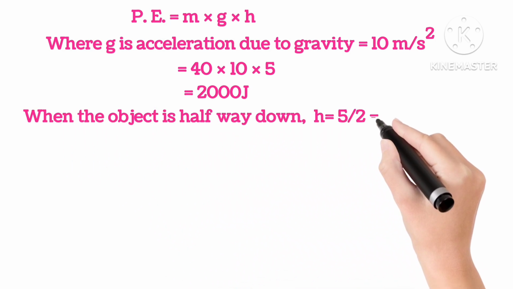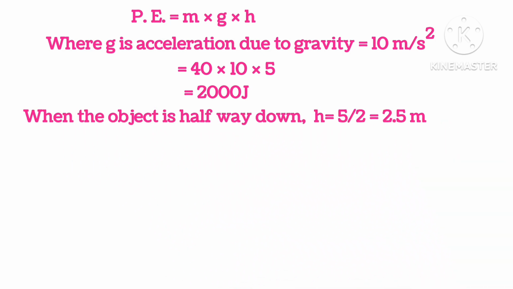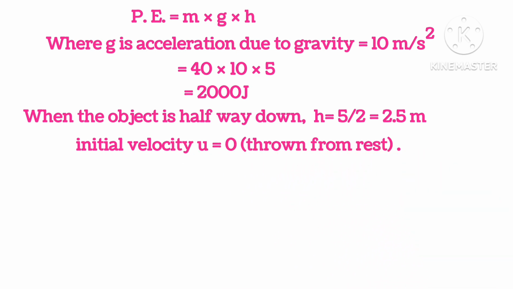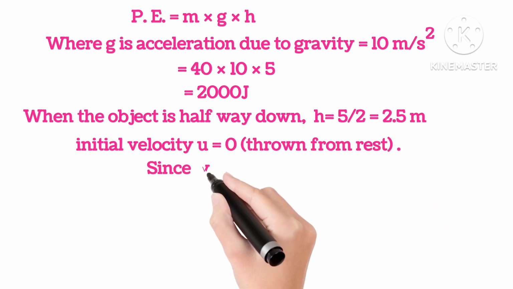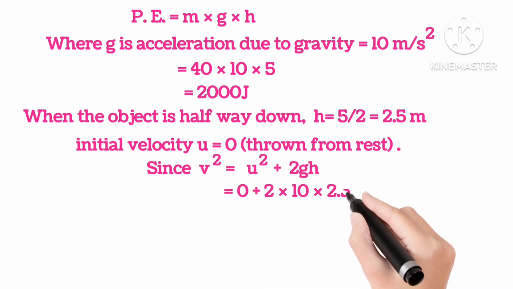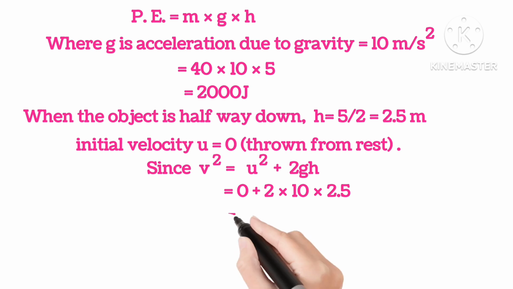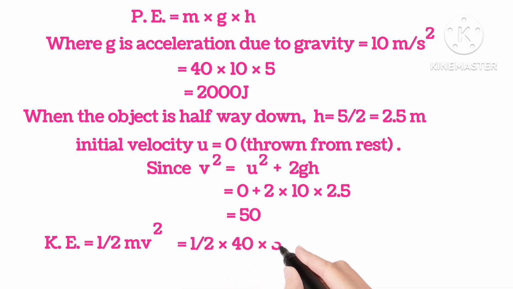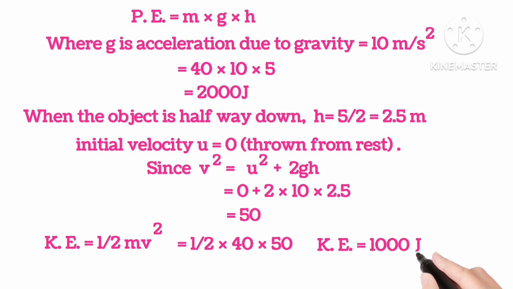When the object is halfway down, that is the height is 2.5 meters, the initial velocity is 0 as it is thrown from rest. Since v square is equal to u square plus 2gh, v square will be equal to 50. Now kinetic energy is half mv square. Putting the values in this equation, we get kinetic energy 1000 joules.